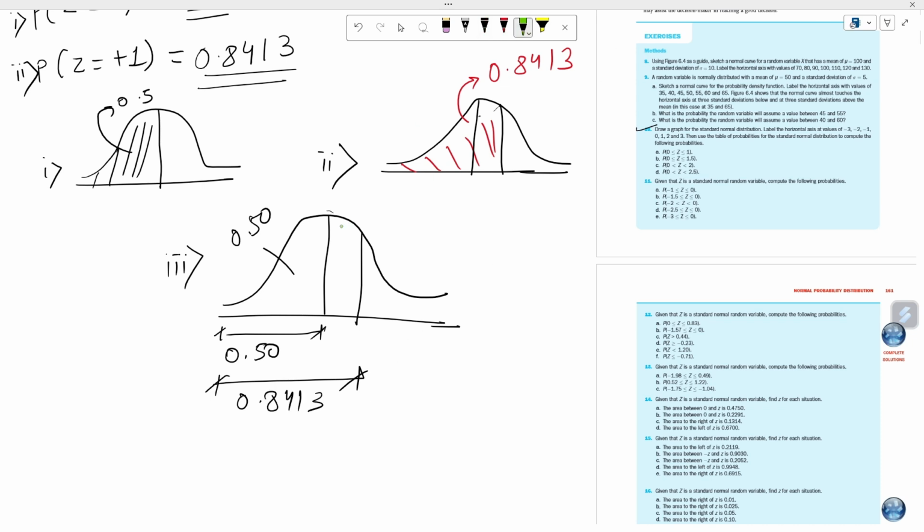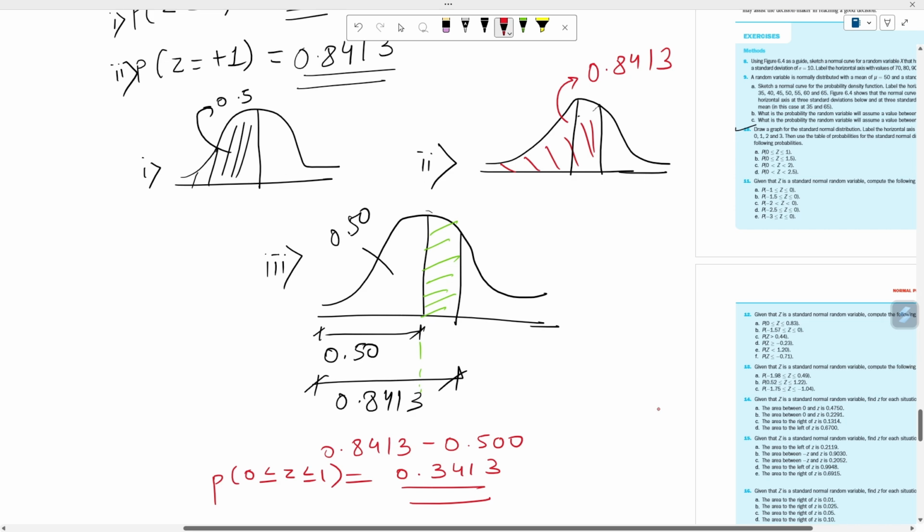How much is this? This is very simple. We subtract 0.5 from 0.8413. We get our answer, the probability which lies between 0 and 1 is 0.3413.